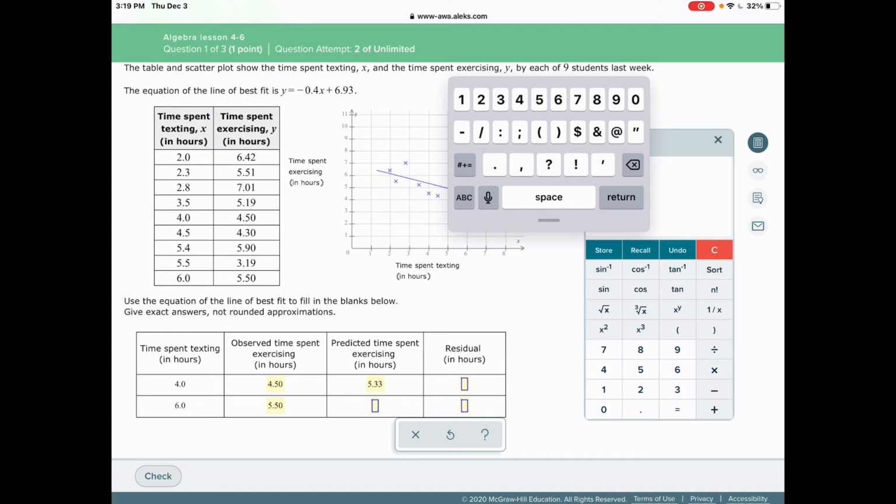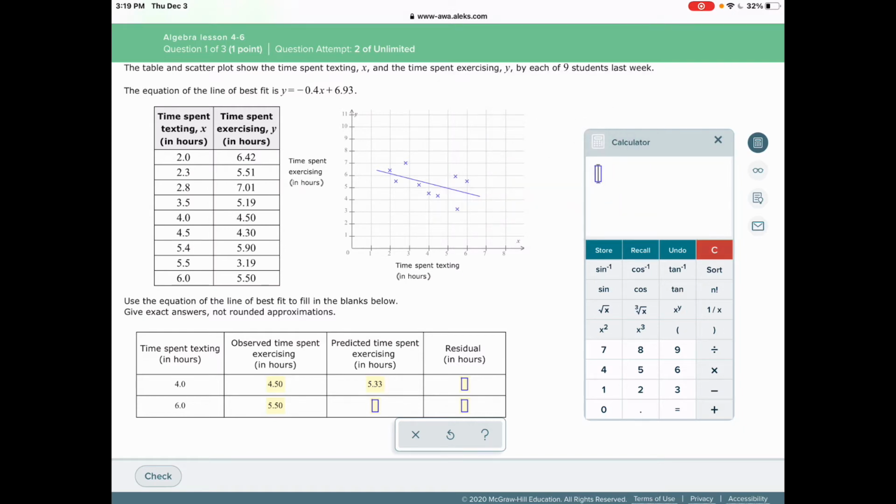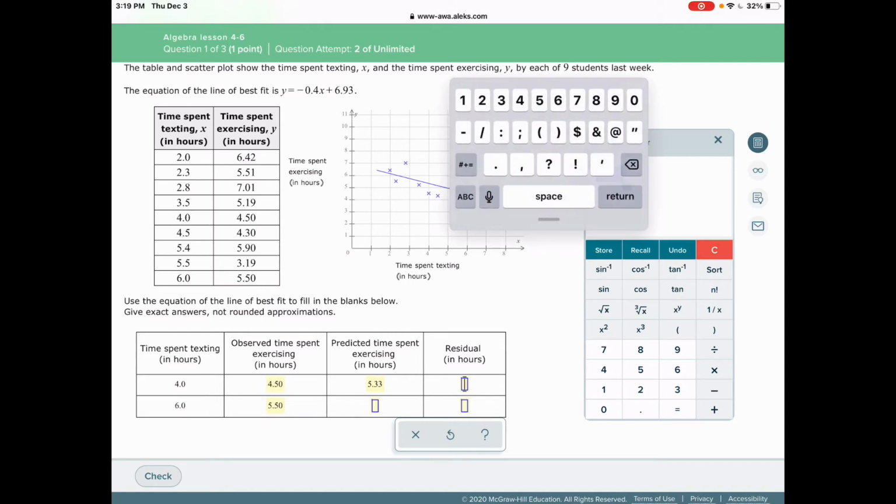So I'm going to go to my calculator and take the observed, which is 4.5, minus the predicted, which is 5.33, and get negative 0.83. That's my residual. That's how much different my predicted was than my observed. The actual student actually exercised less than I was predicting.